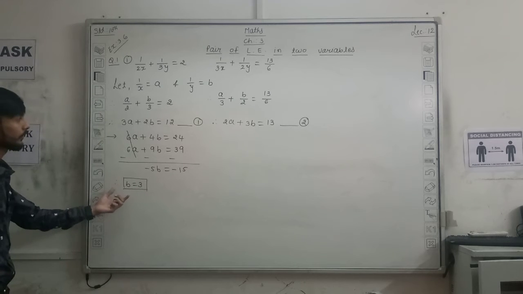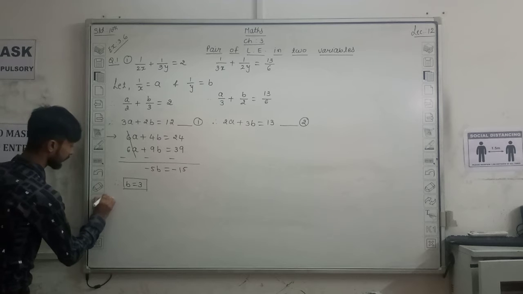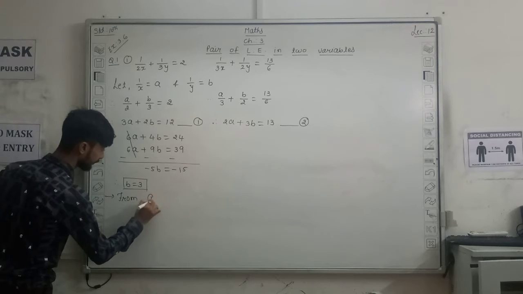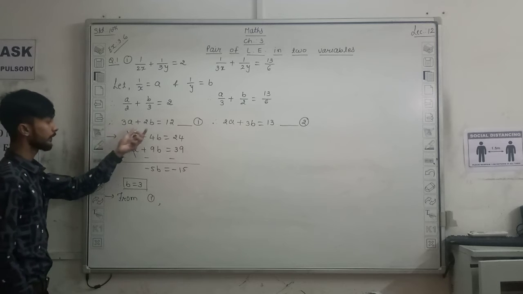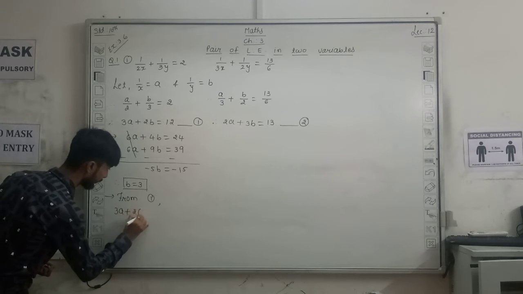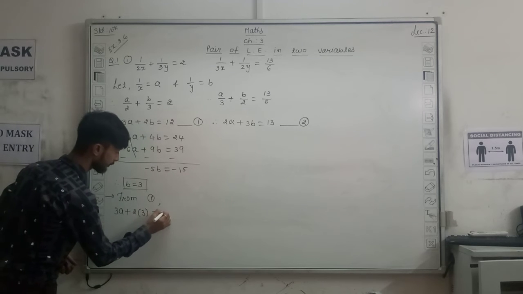Now put the value of b in an equation. So from 1, 3a plus 2b, b is 3, equals 12.